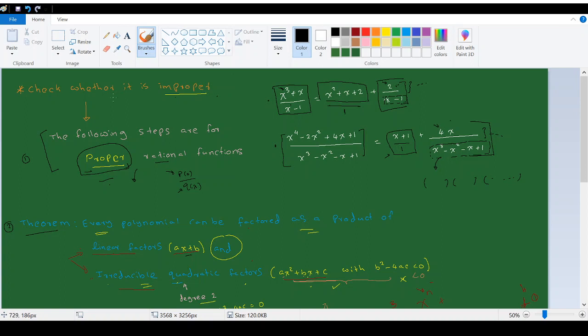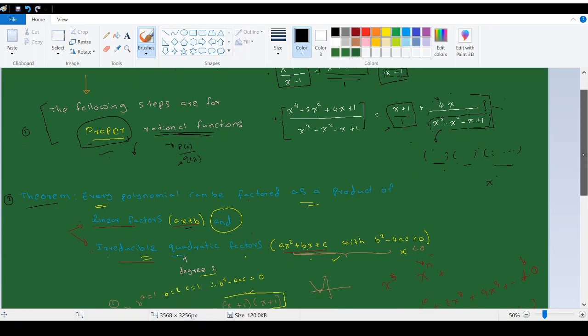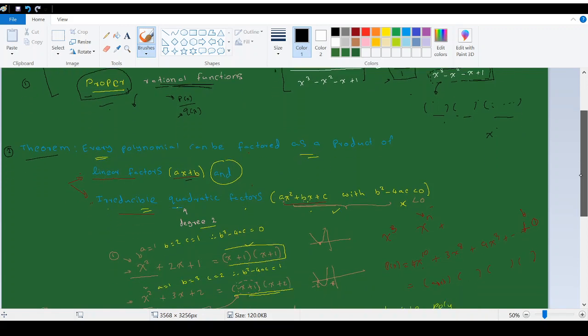Once we do the long division, then we simplify the remaining rational functions until we have linear factors or irreducible second degree polynomials, right? We should do this until we reach linear factors or irreducible quadratic factors. That is our prime goal in computing partial fractions.